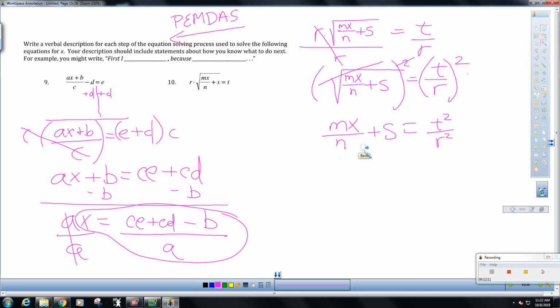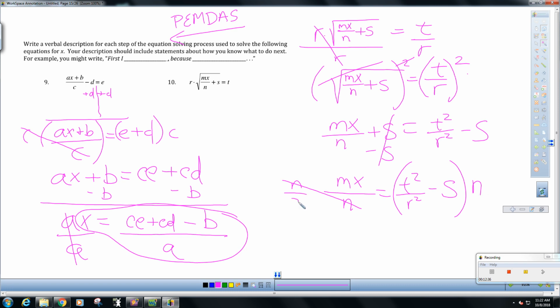So I get rid of addition first by subtracting. So you get mx over n is t squared over r squared minus s. Multiply both sides by n. And then while I'm at it, I'm going to divide both sides by m.